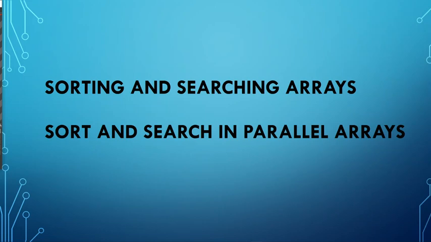Now, parallel arrays, just as a form of introduction. An example, and I think I've mentioned it before, is if you have a text file with authors and titles of books that they have written, and you read that information into two separate arrays.